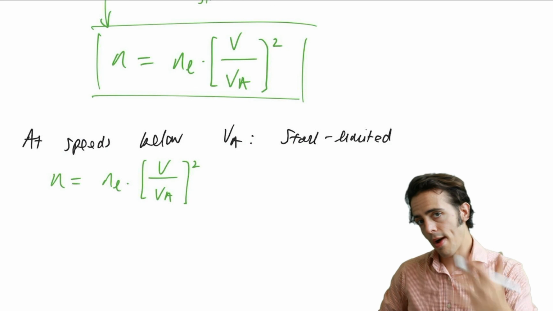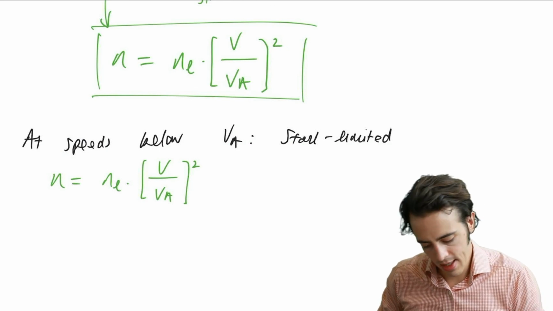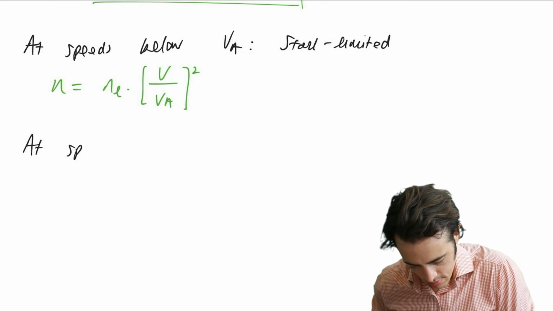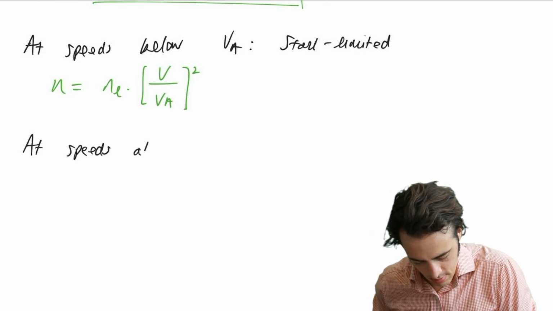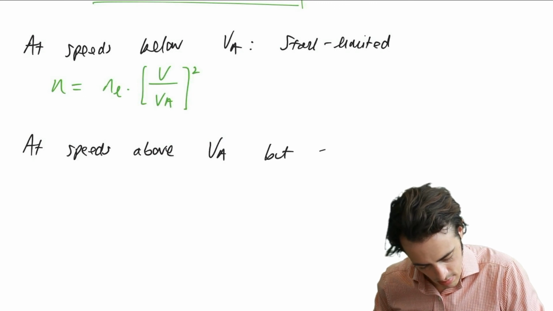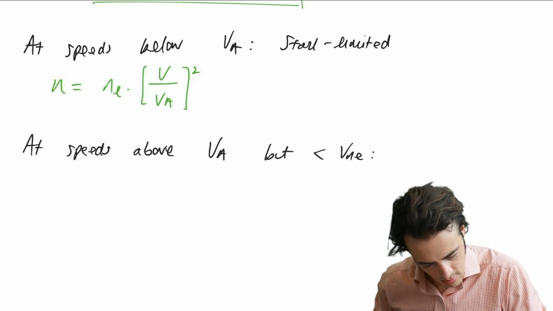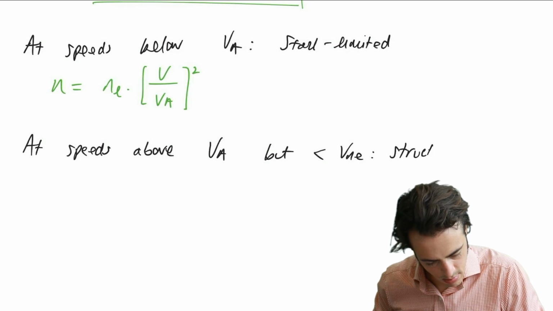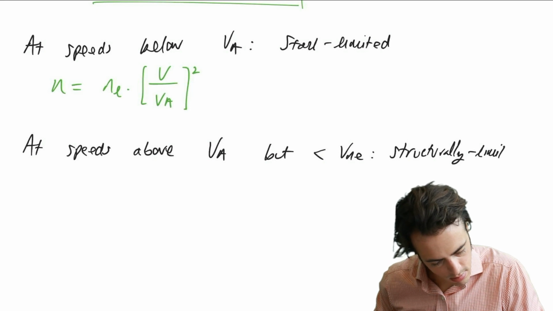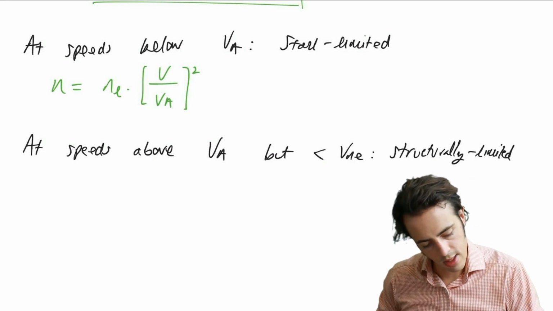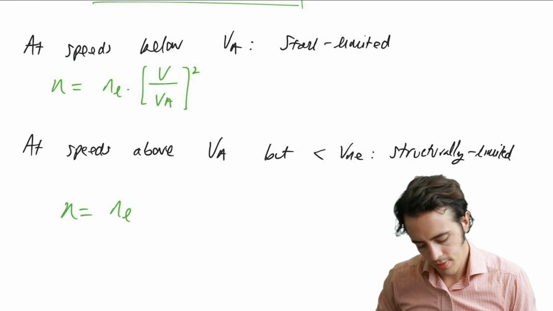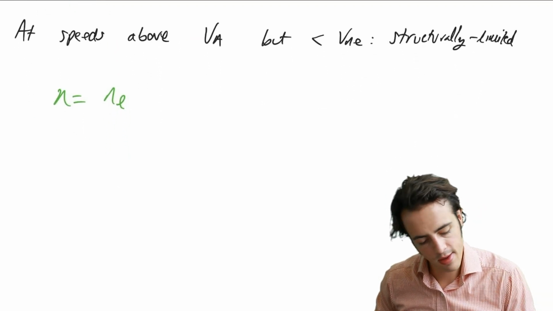And then at speeds above VA, we are structurally limited, and for those cases, N is simply equal to whatever the limit load factor is.